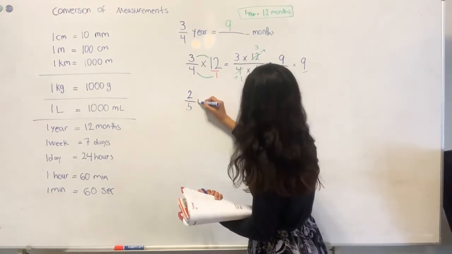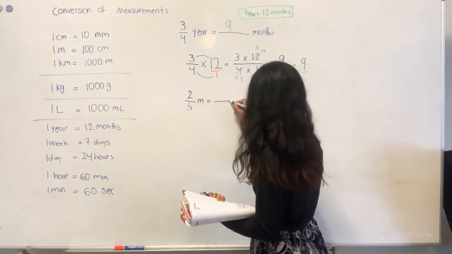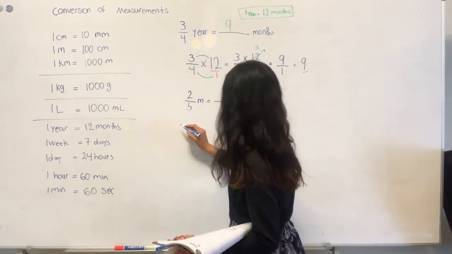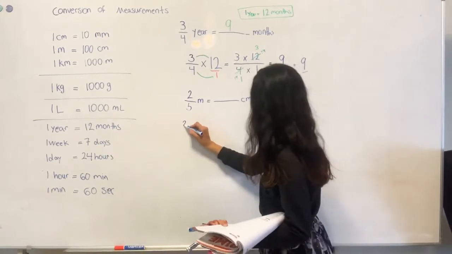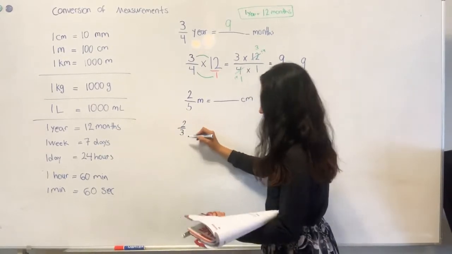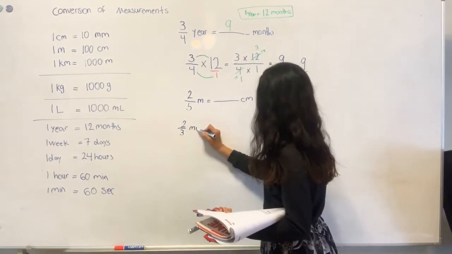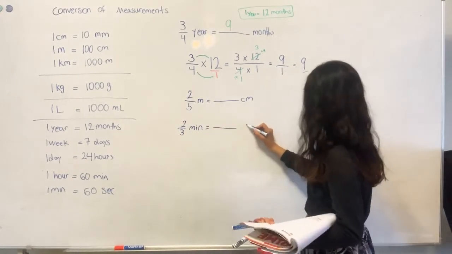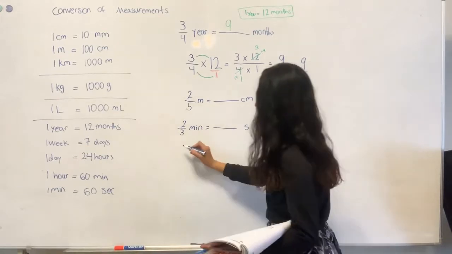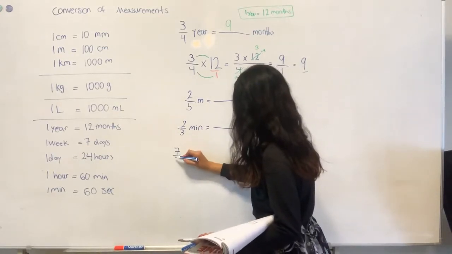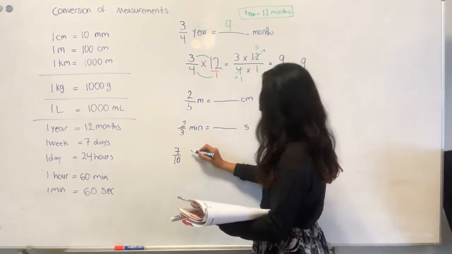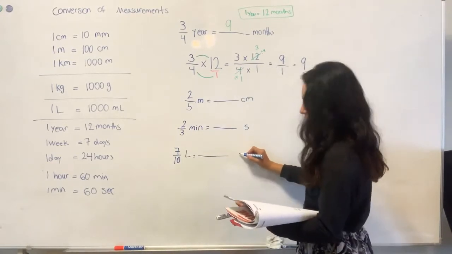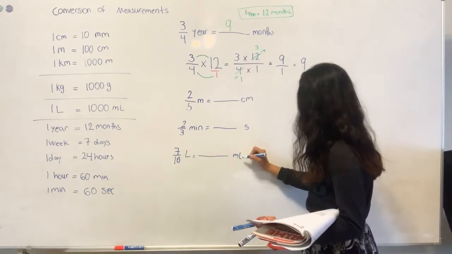2/5 meters. It's asking for how many centimeters. Another question is 2/3 minutes equals to how much second? 7/10 liter equals to how many milliliters?